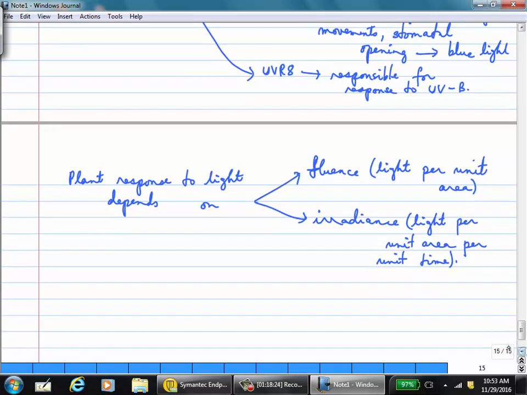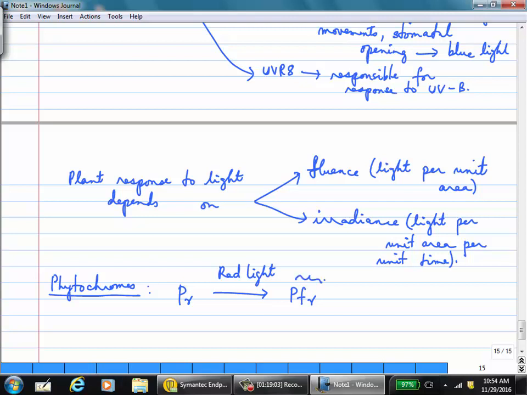All right. So first, let's talk about phytochromes. Phytochromes are photoreceptors that absorb red and far red light, and they have two forms. PR is the phytochrome that absorbs the red light. In the presence of red light, it will get transformed into another form of phytochrome which is called PFR. That means the phytochrome that is ready to absorb far red light.